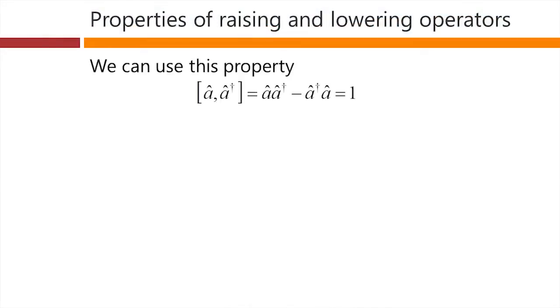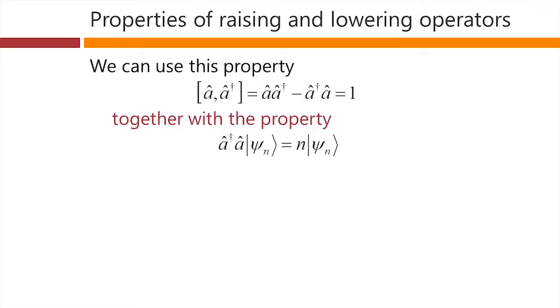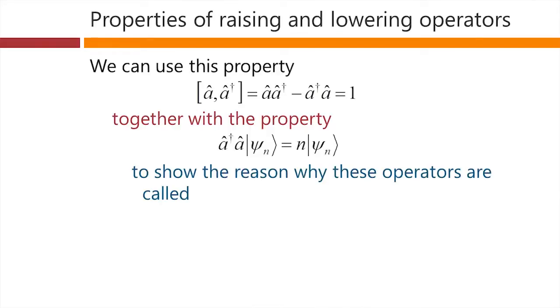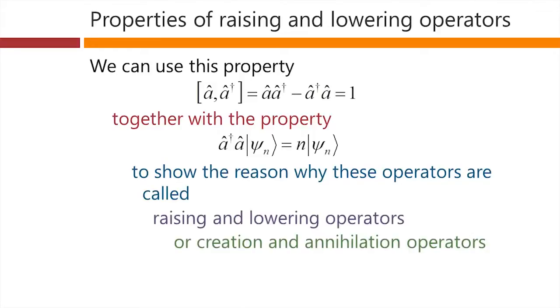We can use this commutator property, A A dagger less A dagger A equals 1, together with our number operator property, A dagger A operating on psi n gives us n times psi n, to show the reason why these operators are called raising and lowering operators, or creation and annihilation operators.